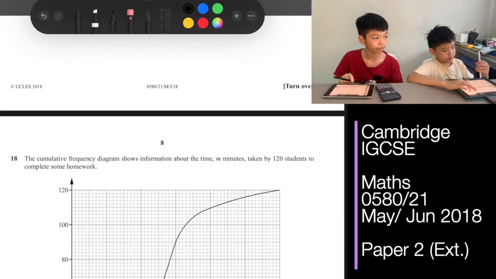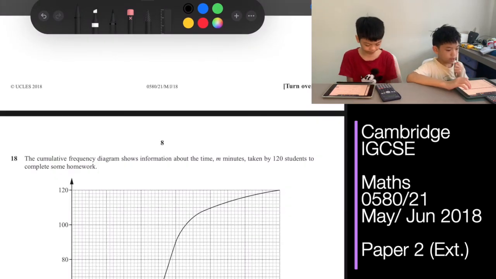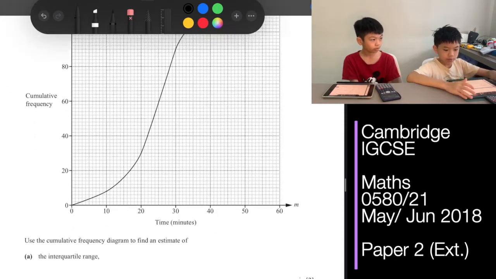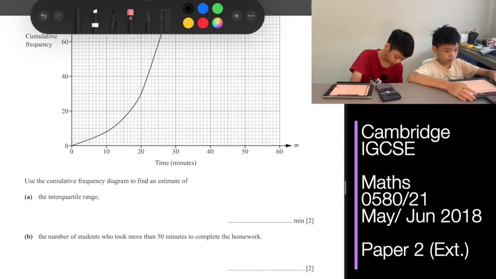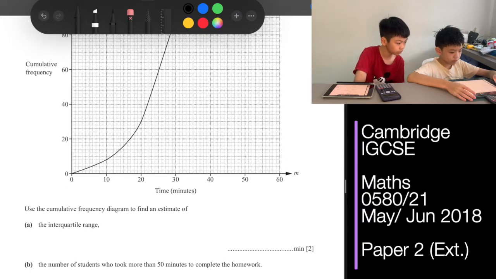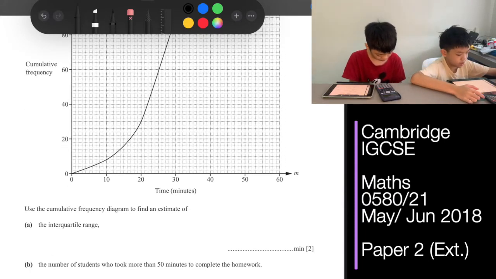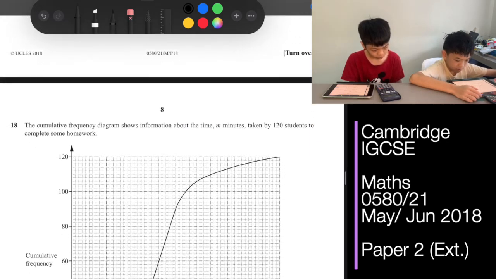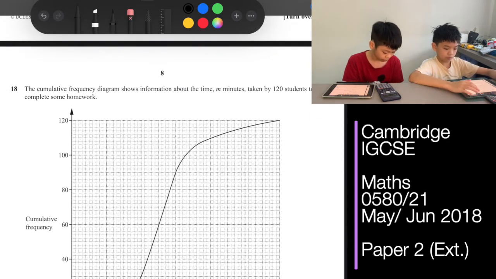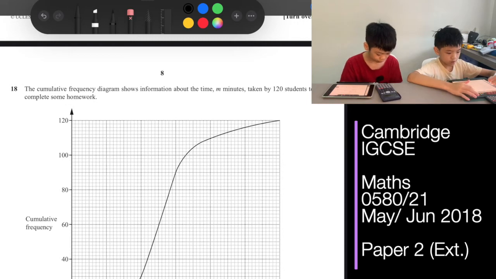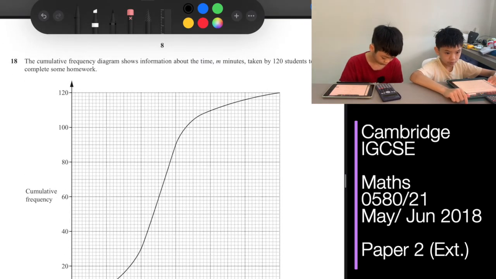Okay, for question 18, the cumulative frequency diagram shows information about the time in minutes taken by the 120 students to complete some homework. For question 18a, we need to use the cumulative frequency diagram to find an estimate of the interquartile range, which is 120 divided by 4, 30.